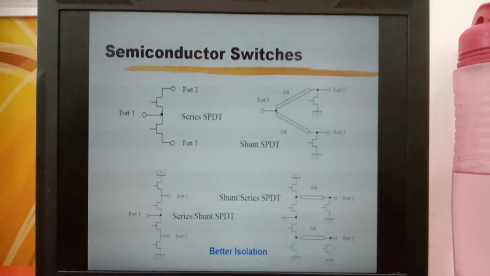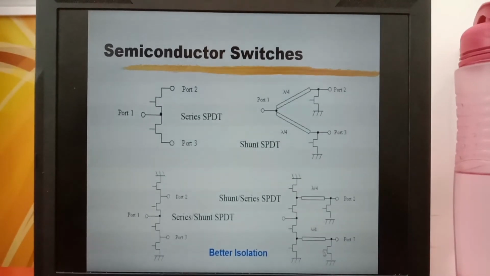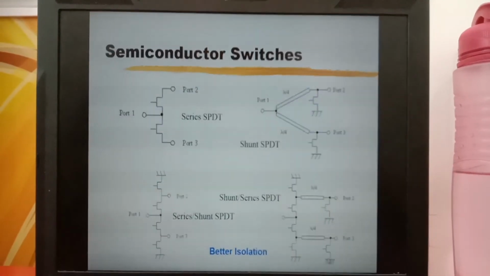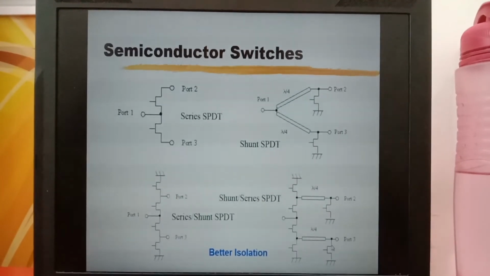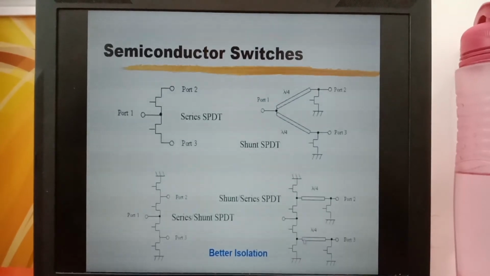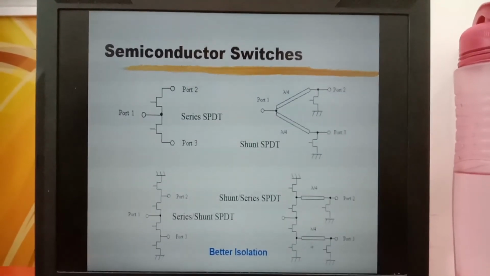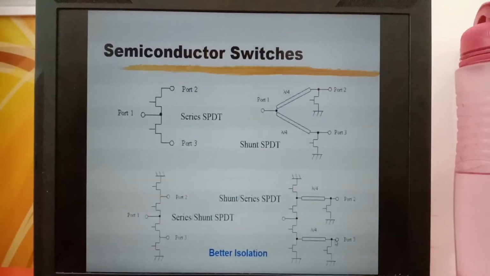And furthermore, this transistor is also turned on to short port 3 to ground. That gives us a better isolation. And further, the quarter wave transformer will transform the short circuit to an open circuit, and that provides additional isolation between this point and this point.